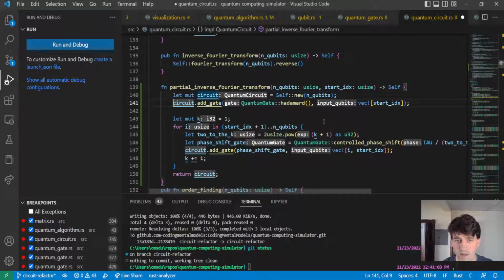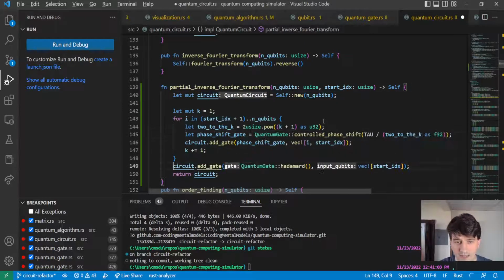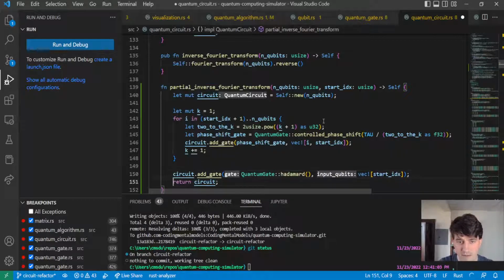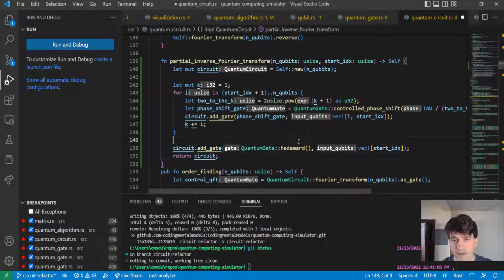We will add the Hadamard gate at the very end. And then, let's see here.